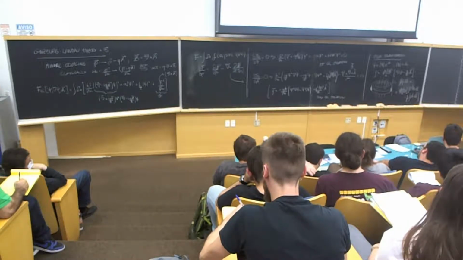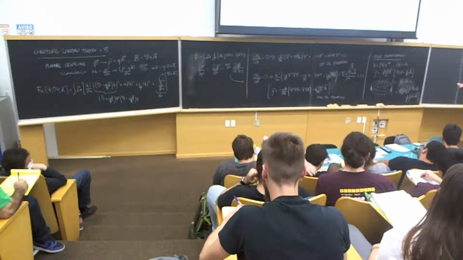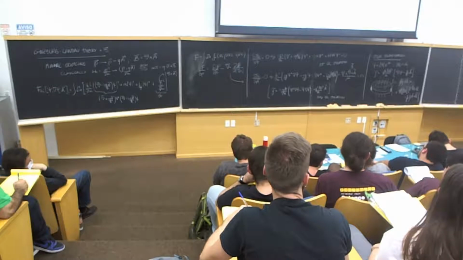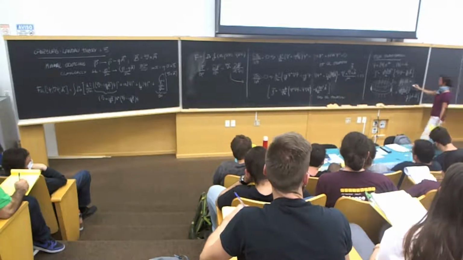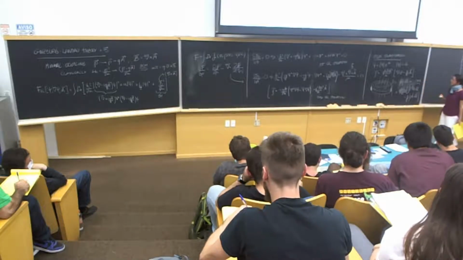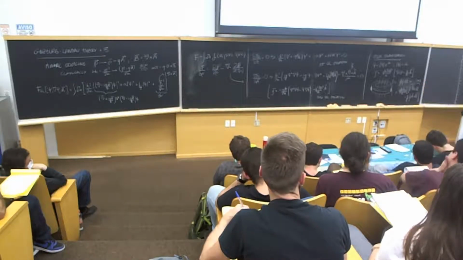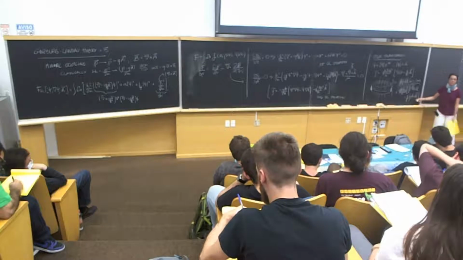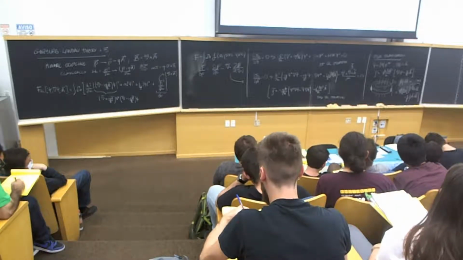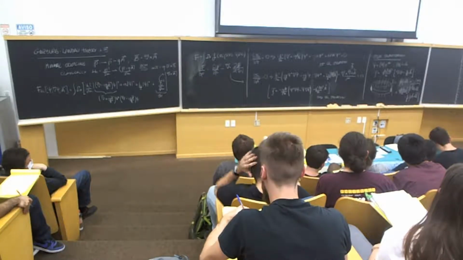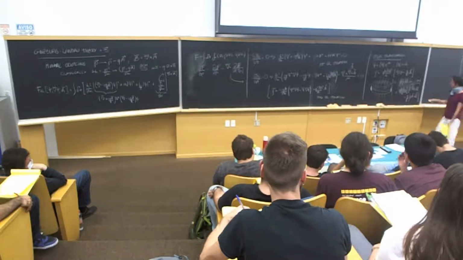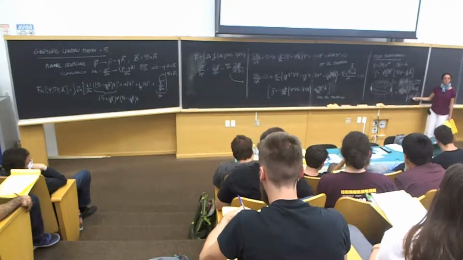Phase can change by n times 2 pi. For the second term, integral over the line of the rotational of A over the associated surface.